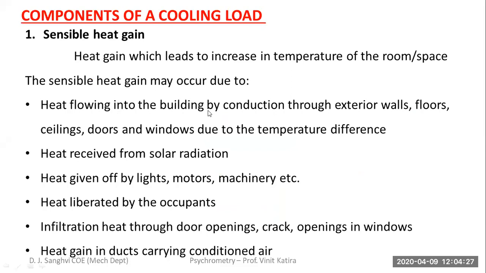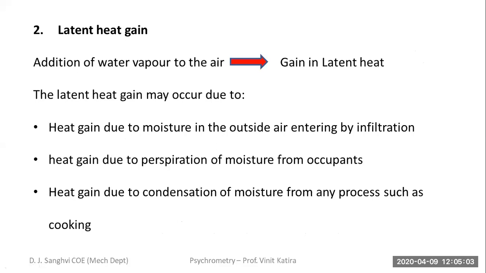Basically, the heat that flows into the building by conduction through walls, floors, doors, windows, etc. The heat that is directly being received in the form of solar radiation, the heat that is given away by the lights, the motors, and the equipment that is there inside a room, the heat that is liberated by the occupants, the infiltration heat, that is the air that infiltrates through door openings and cracks or openings in windows, and the heat gain in the ducts that carry conditioned air. That was the sensible heat gain.